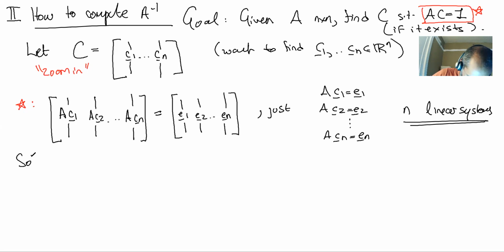So solve the following: A, E1, and so on. Okay. So now let's imagine that we're solving this. There are really two possibilities, right?